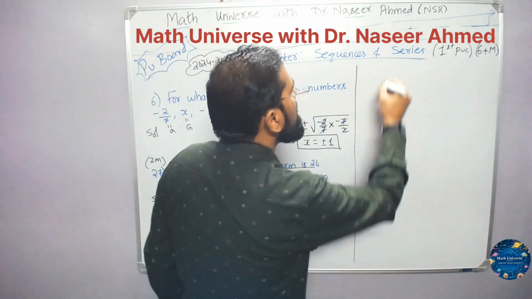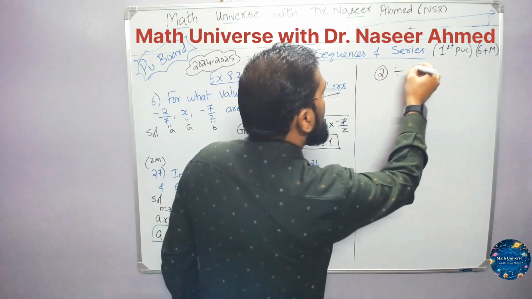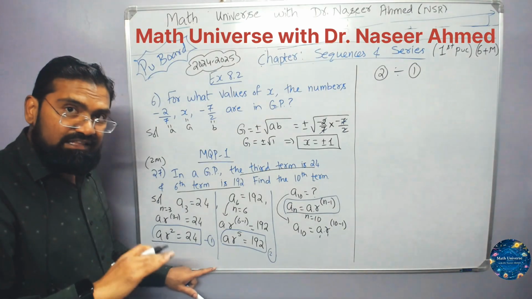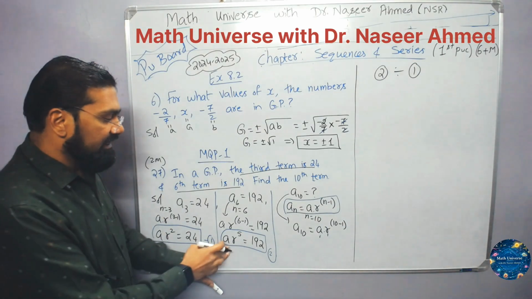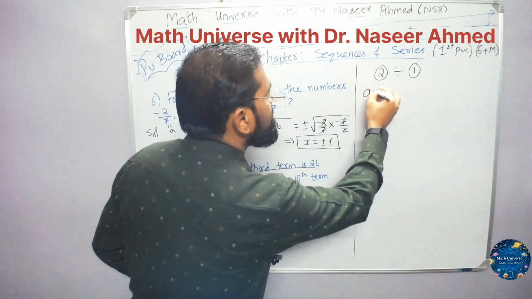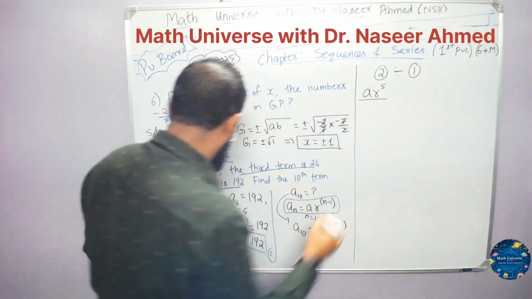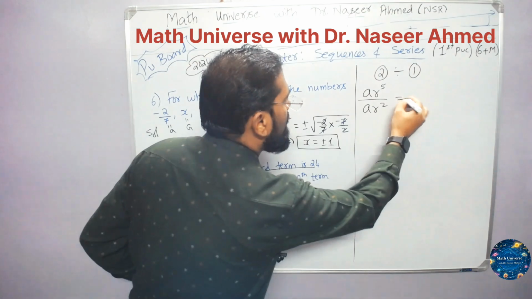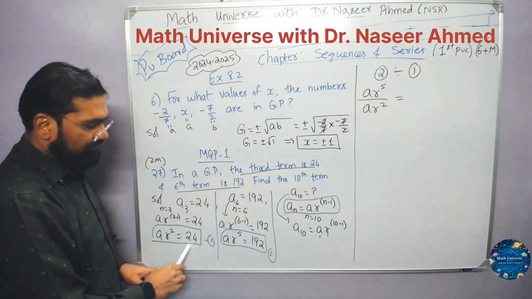I will prefer to divide 2 by 1. When I say divide, left side with left side, right side with right side. a r power 5 divided by a r square is equal to 192 divided by 24.